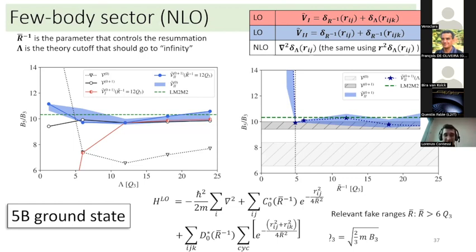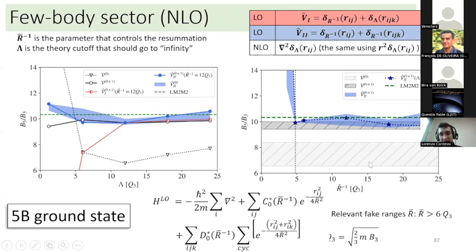And this is a leading order calculation which has a range, and the range is given by R tilde. And the next-to-leading order has a cutoff, because this should become a contact interaction at next-to-leading order. So you can see, for each fake range that we choose for our theory, we have different next-to-leading order cutoffs, and here is the energy of the 5-body system, and the cutoff variation is the blue band.